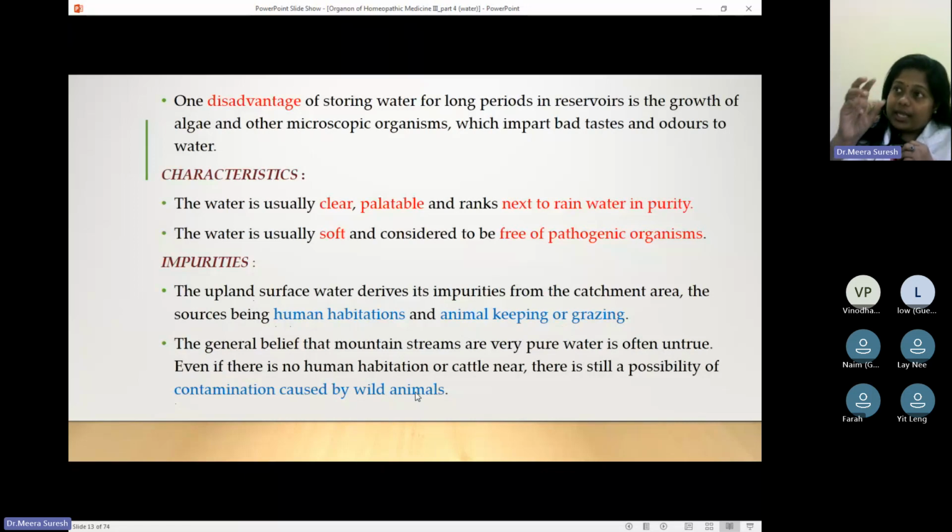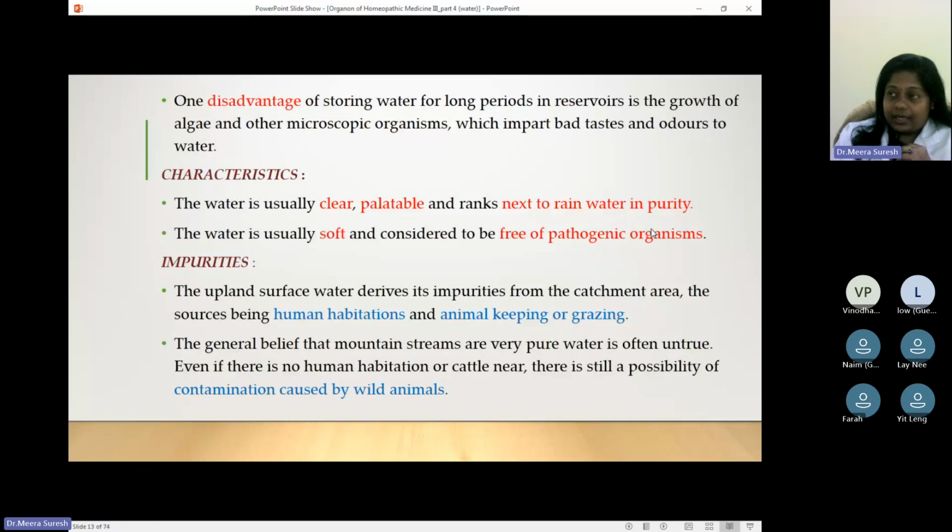So if the water has been contaminated in that catchment area and then drained into this dam or the impounding reservoir, then the water is already contaminated. But why we say it is generally safe is that once it is collected in the impounding reservoir, it is much protected, encroachment is not allowed, and human contact with that water is reduced.